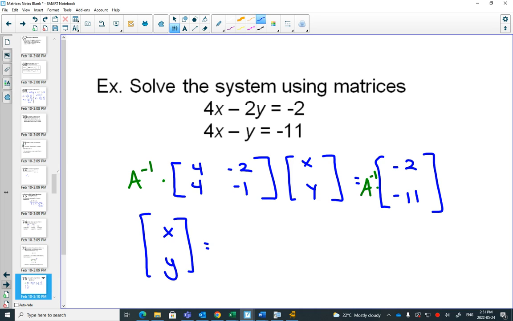The left-hand side will then just become x, y. The right-hand side, well, my determinant will be negative 4 minus a negative 8, which will be positive 4 for the determinant. Switch these two. Switch the signs on these two. There's my inverse.